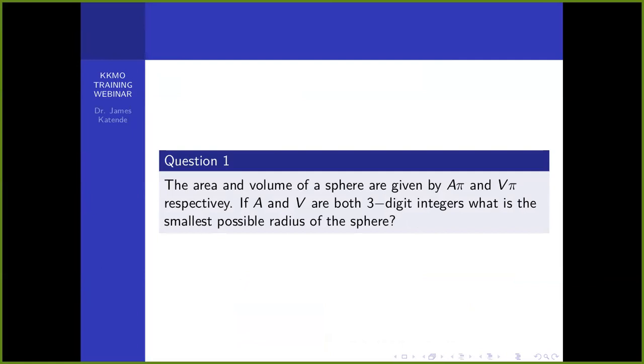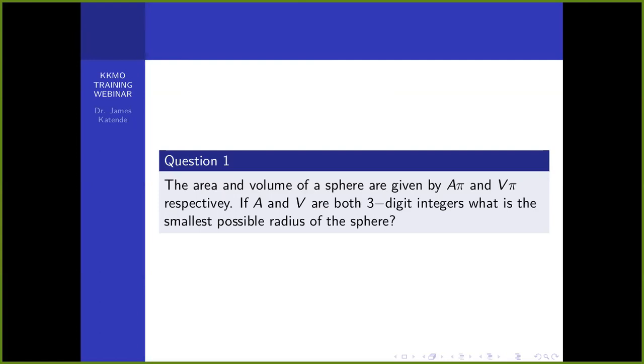So here's the first question. The area and volume of a sphere are given by A pi and V pi respectively, where A and V are both 3-digit integers. What is the smallest possible radius of the sphere?